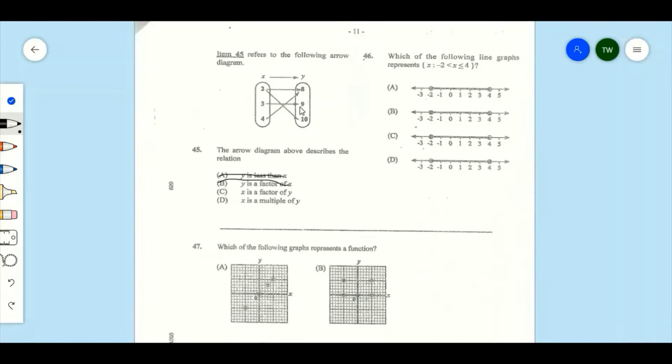And 3 is mapped onto 9, and 3 is a factor of 9. So our answer is clearly option C here, because option D says x is a multiple of y. And if x is really a multiple of y, then the x value should be the larger one. So this is not the answer. Alright, so the answer is C there.